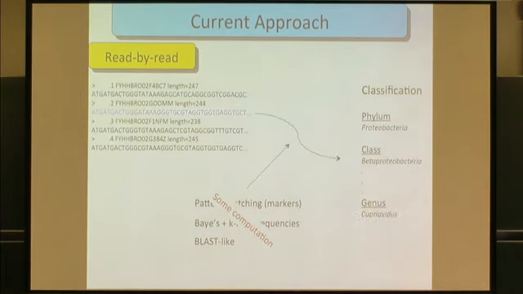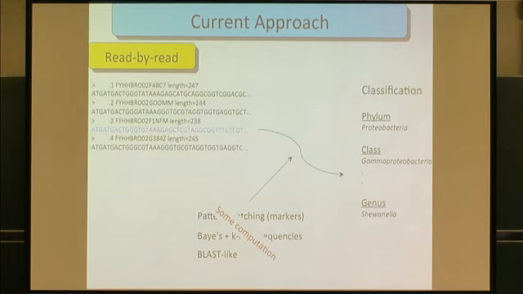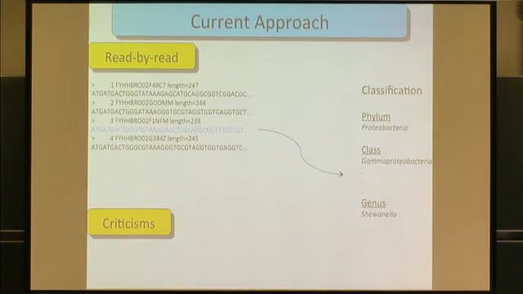Then you go to your next read, do the same computation, get another classification, and so on and so on. Looking at this problem, I have a couple of criticisms. It's somewhat slow, because as sequencing technology progresses, we get more and more reads, so our algorithms are going to automatically get even slower, because we have to go read by read.